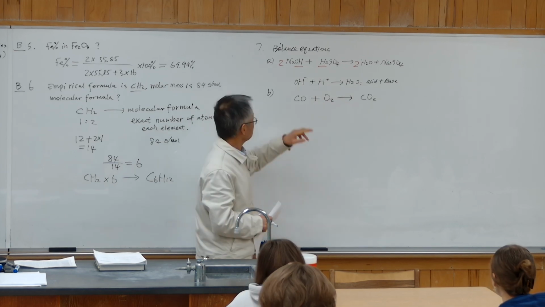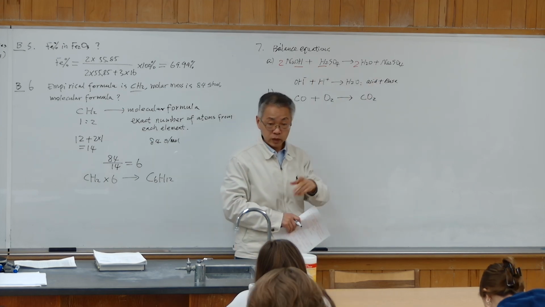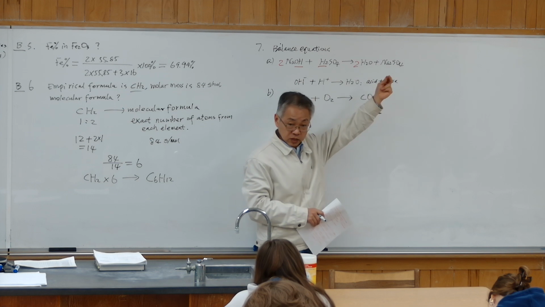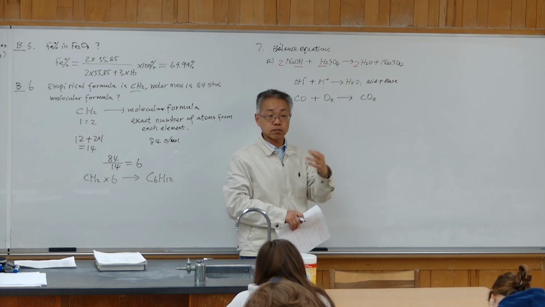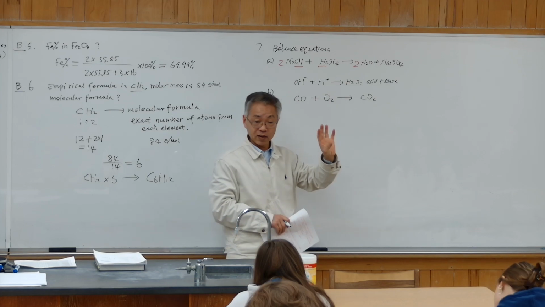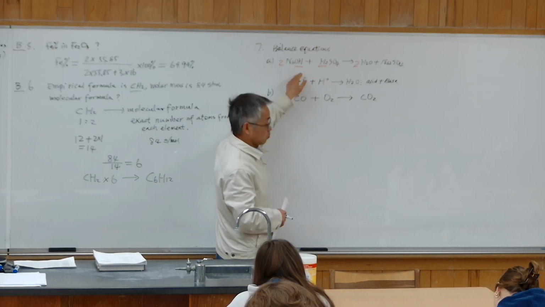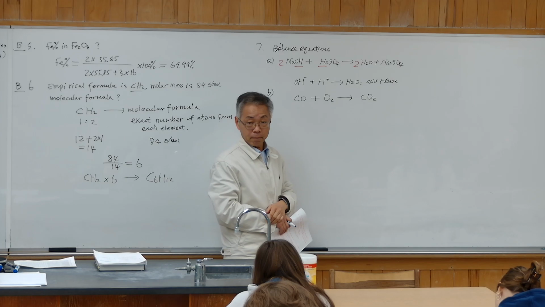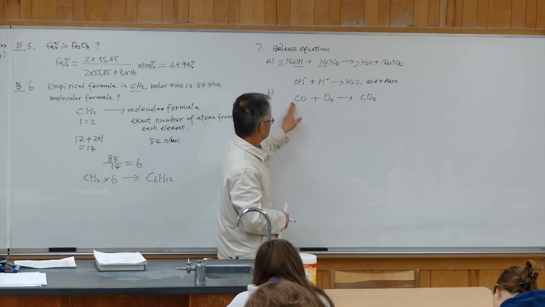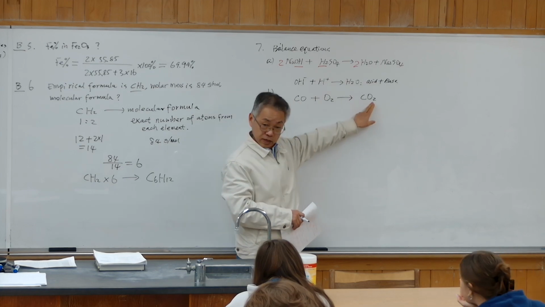If you change the subscript number, the substance changes. As you balance an equation, you only change the quantity, not the substance. The quantity is the number in front of each formula.